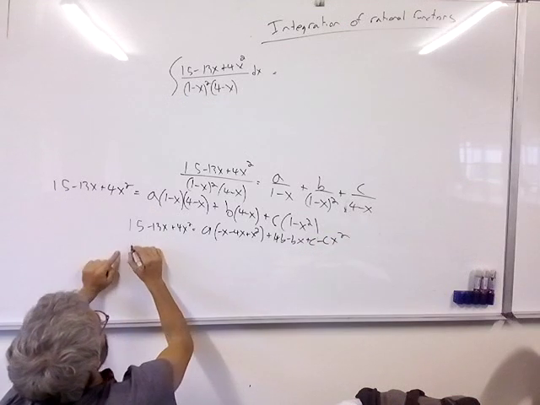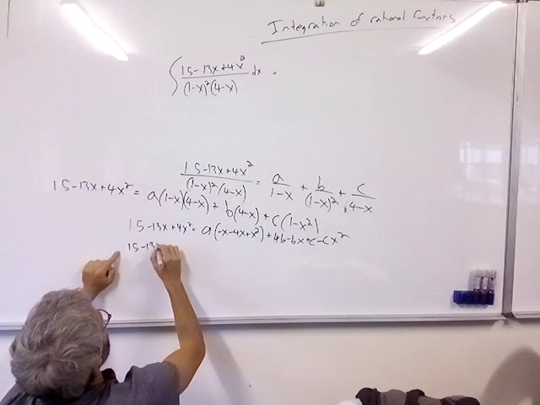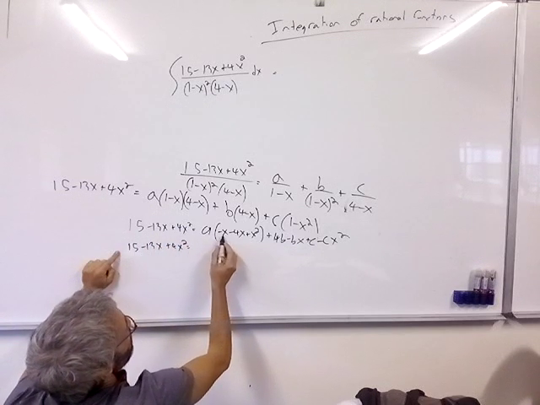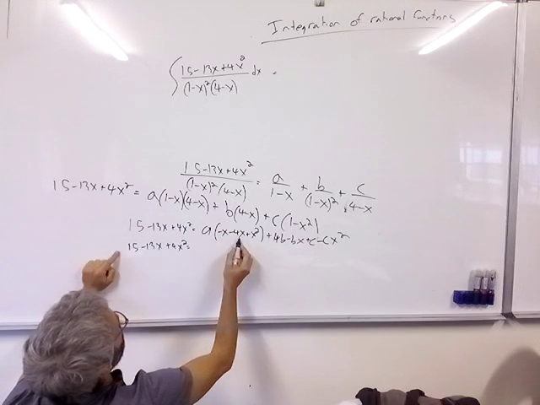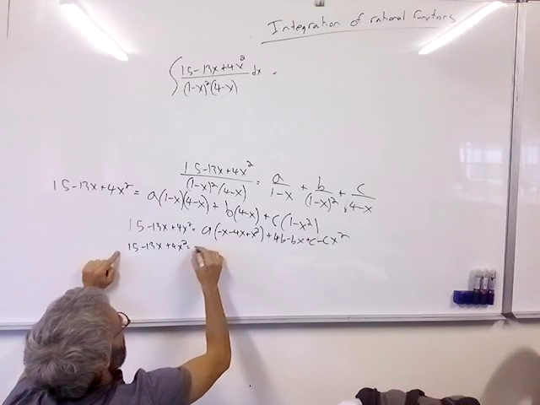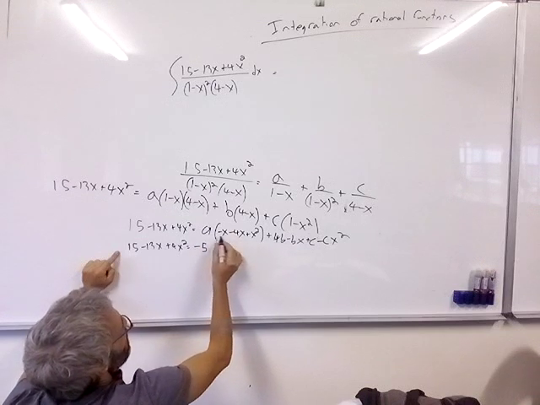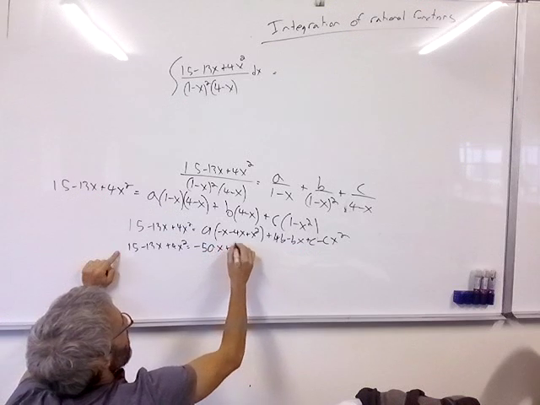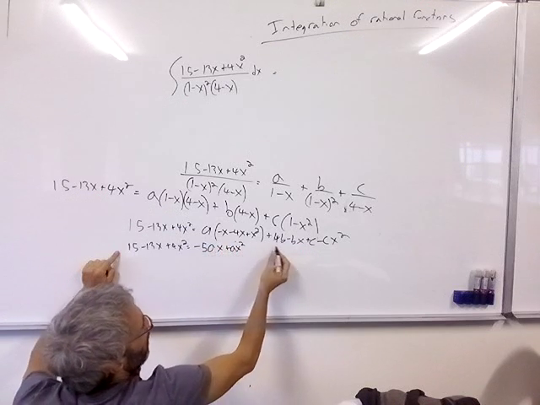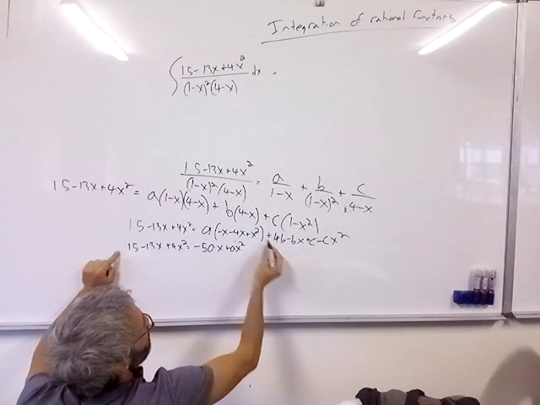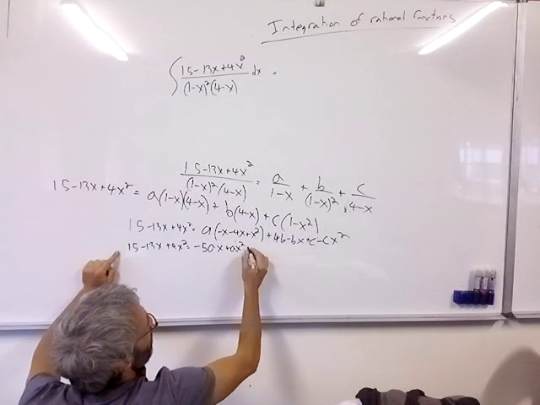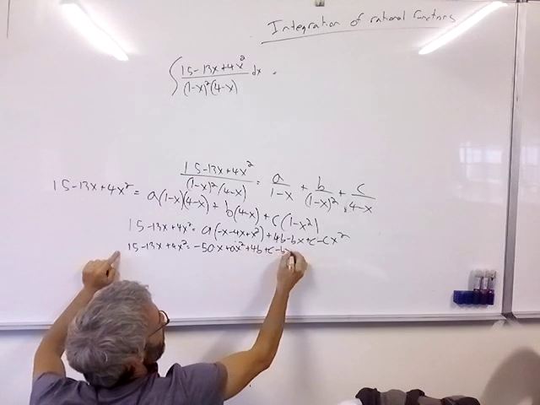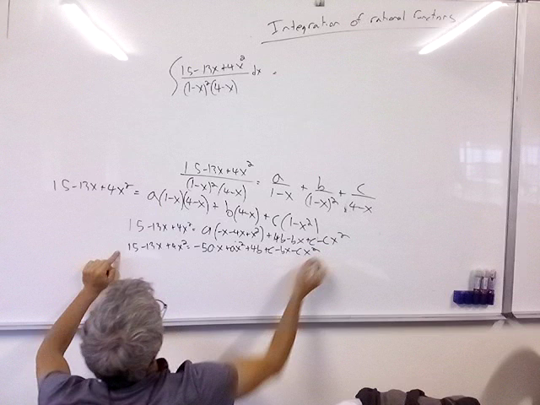Writing again, 15 minus 13x plus 4x squared equal, okay, this is minus 5ax plus ax squared. I'm hoping I'm not making a mistake here. And then here, this is going to be plus 4b plus c minus bx minus cx squared.